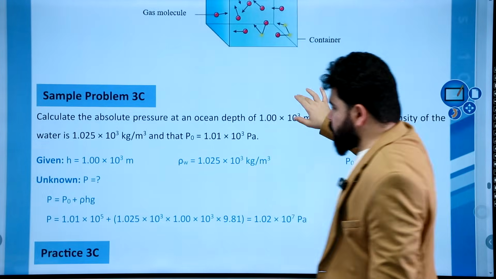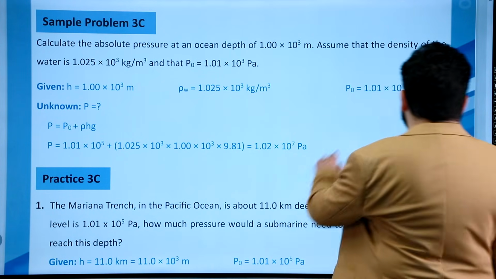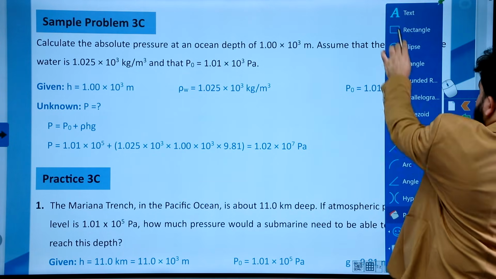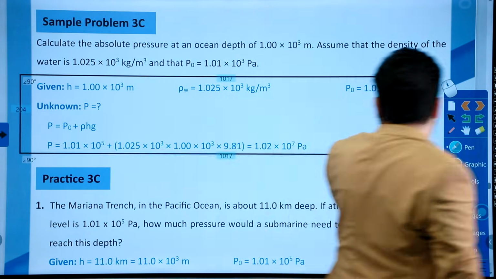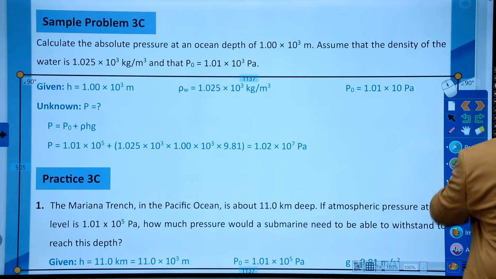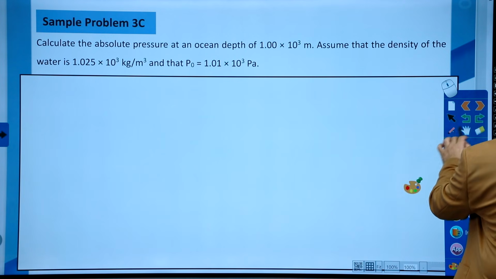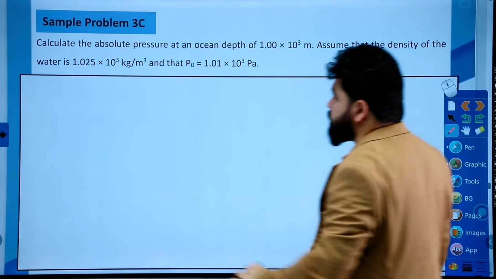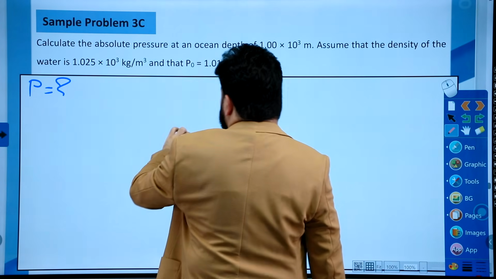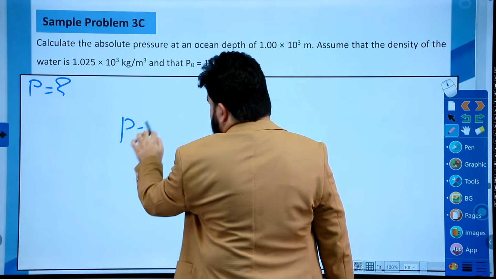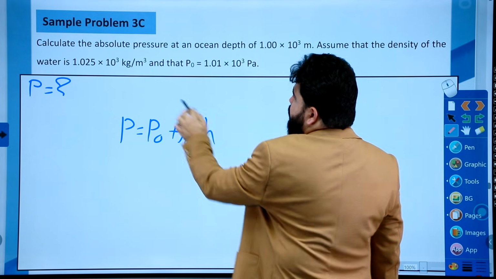Okay, let's solve a question. We have this question. It says calculate the absolute pressure. Because it says absolute, I know that pressure is equal to P naught plus rho GH. Be careful. Why? Because it says absolute.